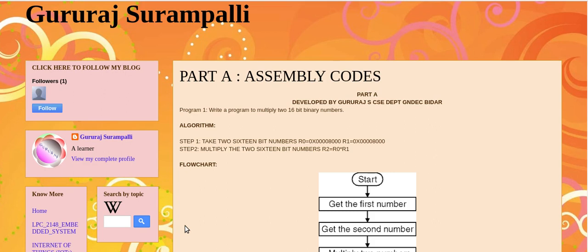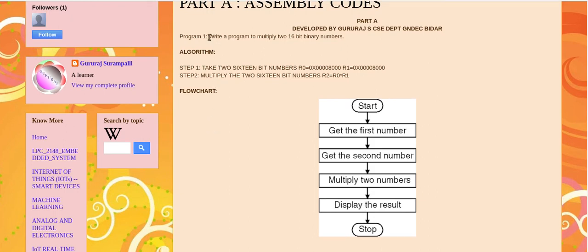So let us begin with how to write the first program. Program 1 of your syllabus says: write a program to multiply two 16-bit numbers. It's one of the simplest programs in part A.